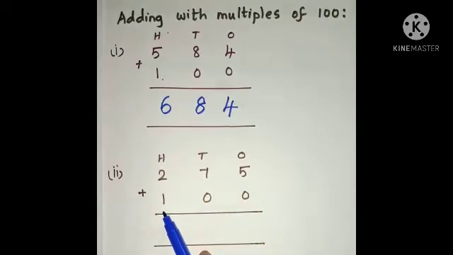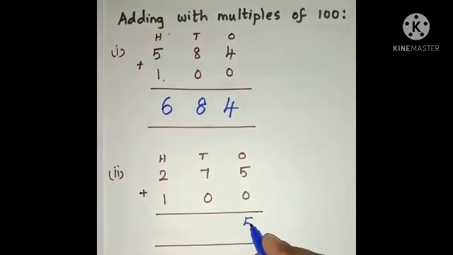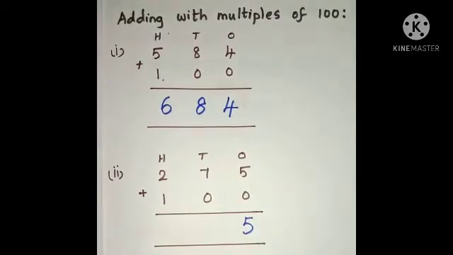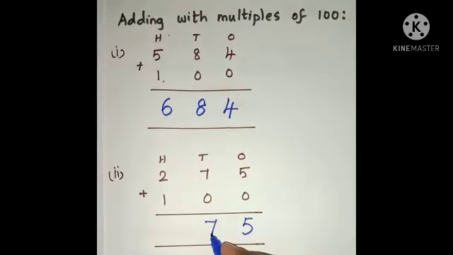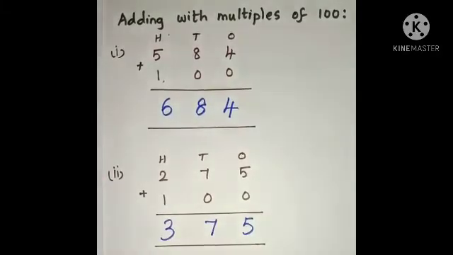And here in hundreds place, there is 1. So we can add 2 with 1. Get 3. Thus, 5 plus 0 is equal to 5. 7 plus 0 is equal to 7. 2 plus 1 is equal to 3. Thus, 375 is the required value.